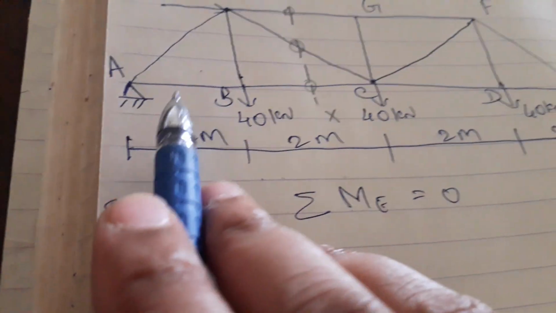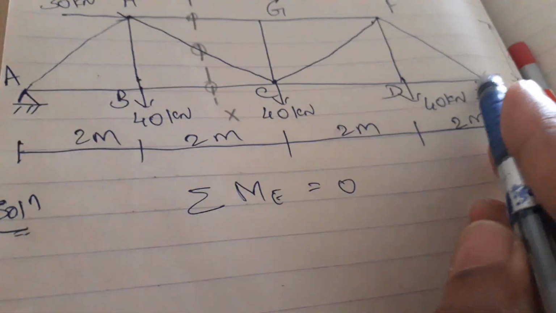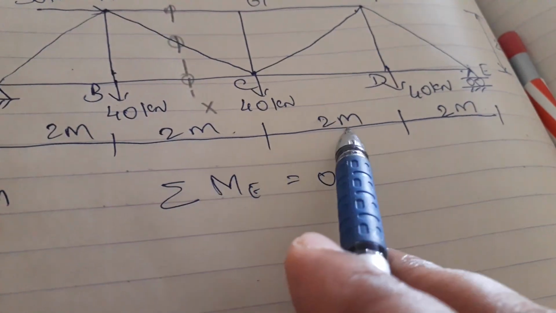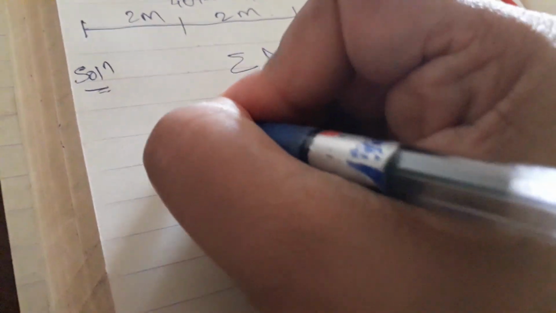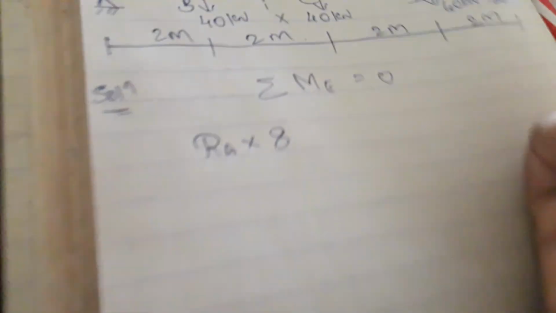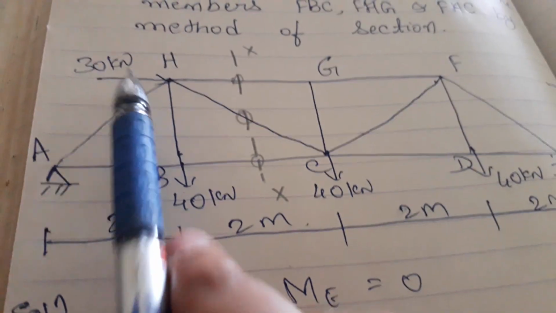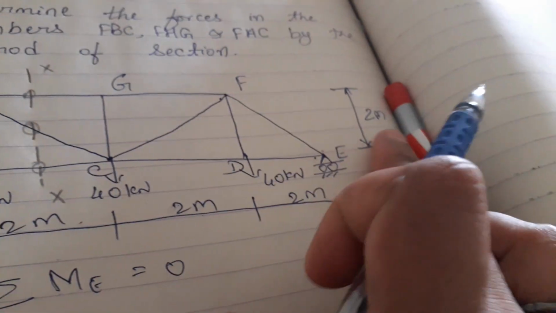So first, sigma ME is equal to 0. Moment at E is equal to 0. So start from here. RA into perpendicular distance 2, 4, 6, 8. So it is RA into 8. And then 30 here. 30 into perpendicular distance. The perpendicular distance is given here, that is 2 meter.